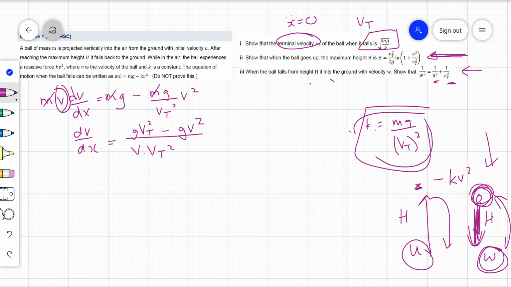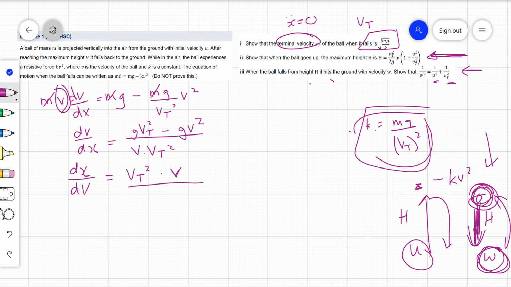So if I tip it upside down as well, because I know I'm going to have limits that are these velocities here, dx to v, so I've got the vt squared, and I've got v, I'm just separating them because the vt squared is a constant.